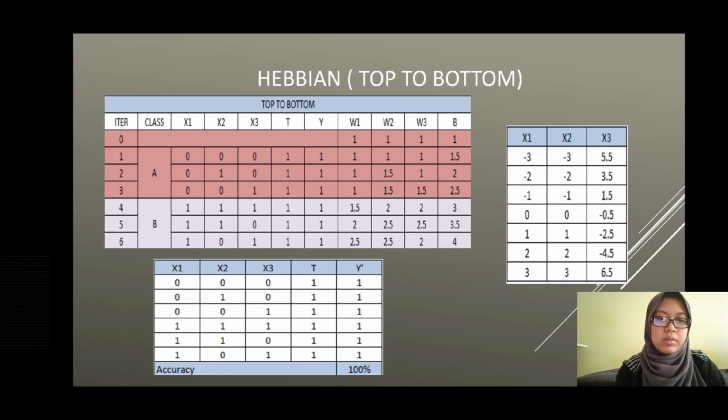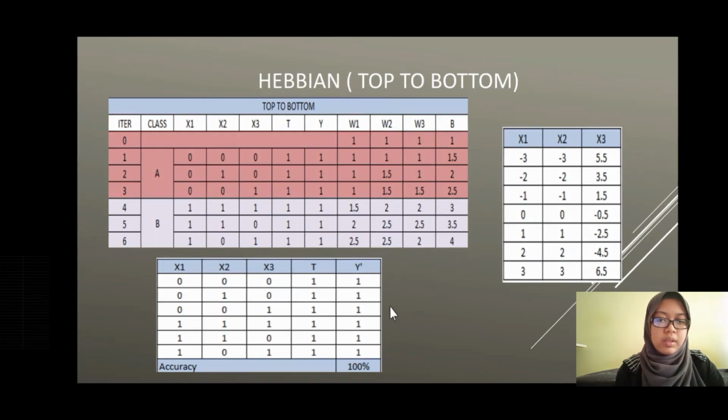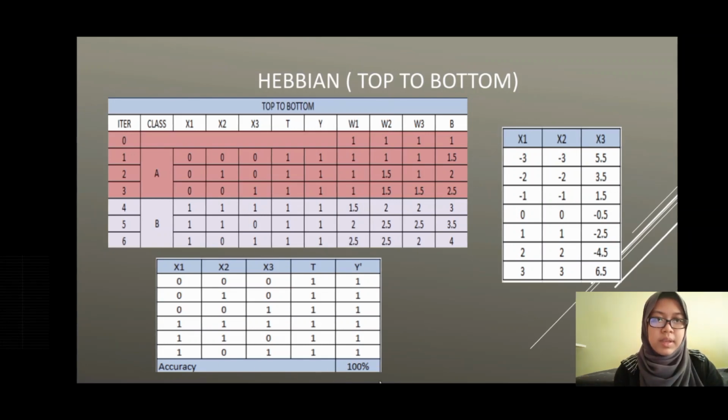We also make W1, W2, W3 and B, the value of each of them is 1. So this is the table that we get. After that, we need to calculate the accuracy. We found out that it is 100% accurate.